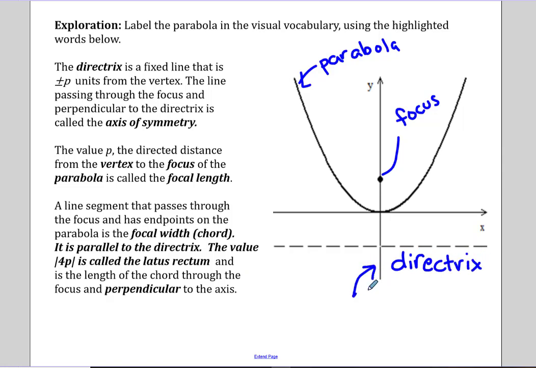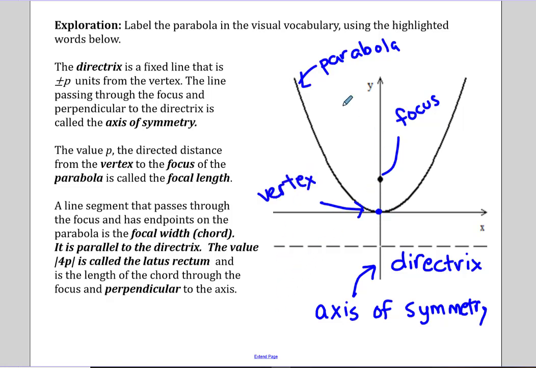The y-axis in this picture is our axis of symmetry. This would be the vertex point right here, which happens to be the origin in this case. And changing colors here, the length from here to here is p, and the length from here to here is also p, but it's in the opposite direction.